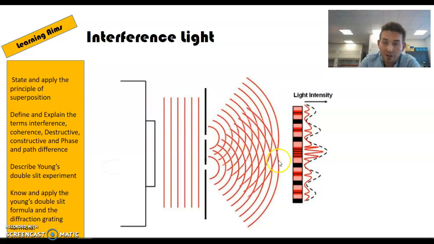So you can imagine here, if we were to draw lines to these peak intensities, you'd see that these were areas where that entire line of action would be constructive. But then these bits where the amplitude is nothing, we have a dark fringe around there. We should find that it would be a destructive line, a line where all of the wave fronts are cancelling each other out, just like the water.